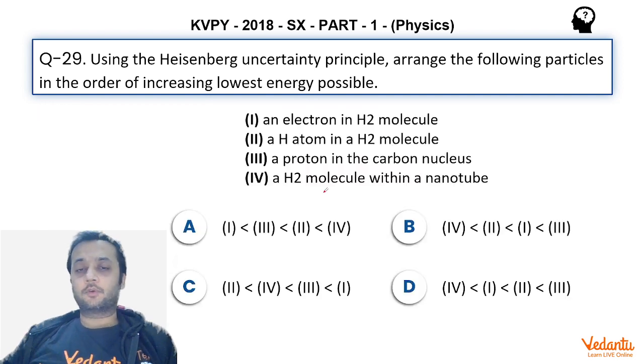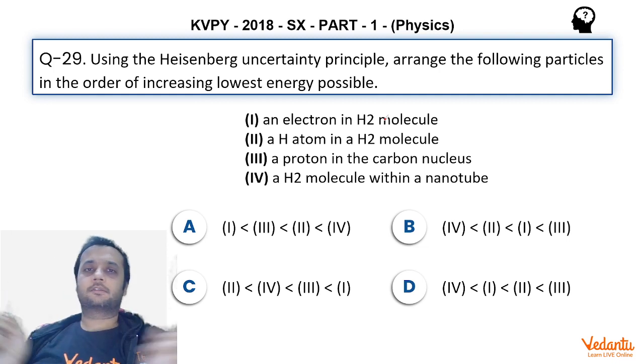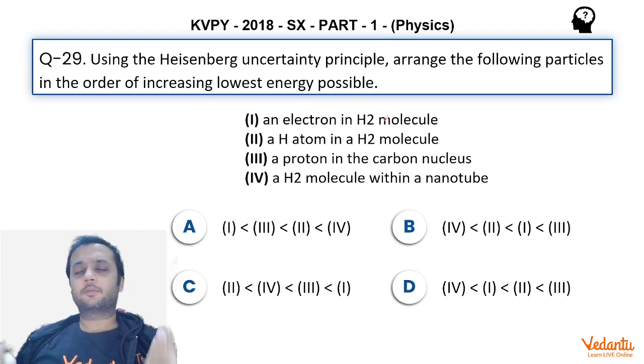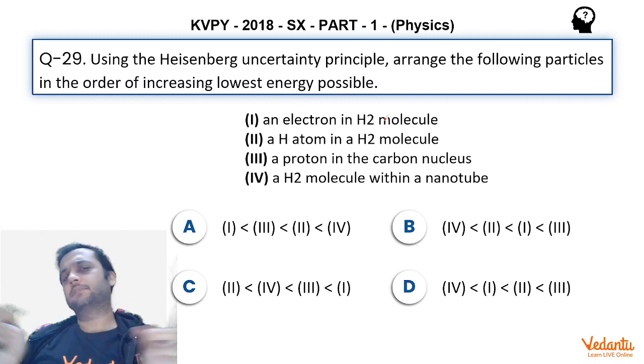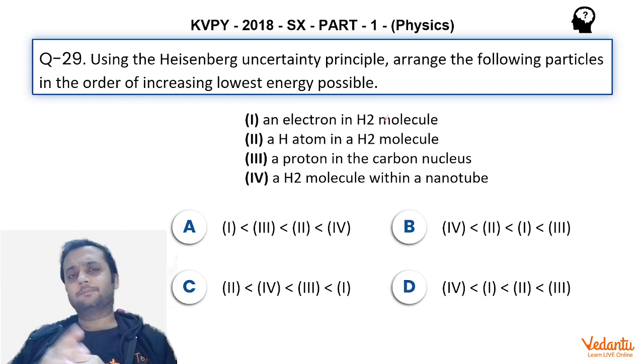Now, if you see the four cases: electron in hydrogen molecule, electron can move randomly in hydrogen molecule, so its average momentum will be 0. Hydrogen atom in hydrogen molecule can oscillate and move in any direction, so again the average momentum will be 0.